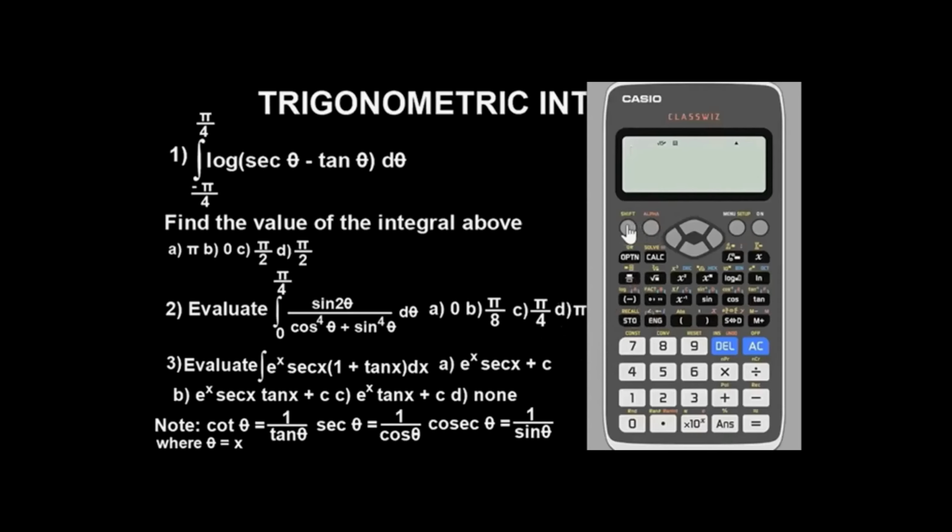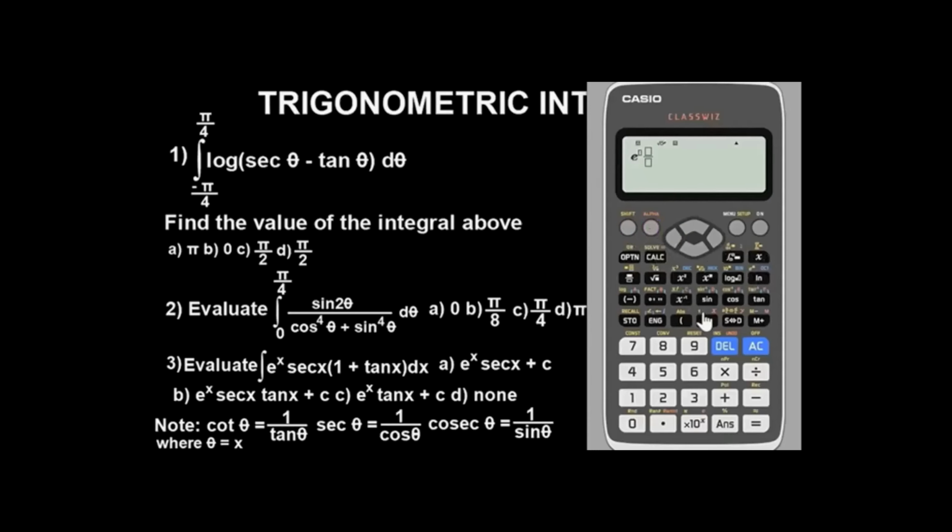So we have exponential, press shift, ln, exponential, raised to power x alpha x. Okay guys, so we have sec x, there is no sec, we put 1 over cos. Let me do something now. Sorry, let's put the fraction first before the exponential so that we do not get confused.